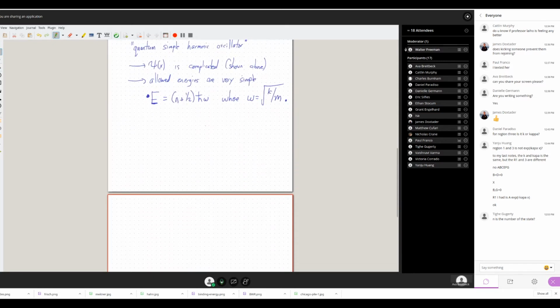So this means anytime you have a quadratic potential, the allowed energies are evenly spaced.